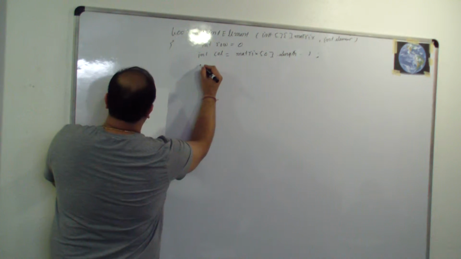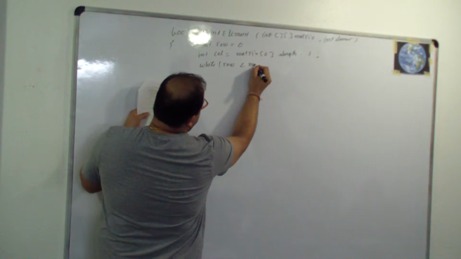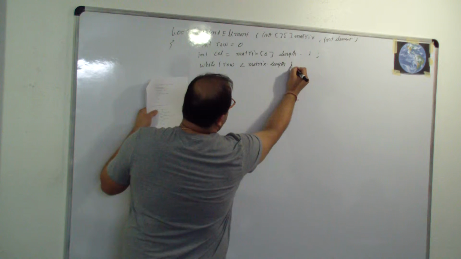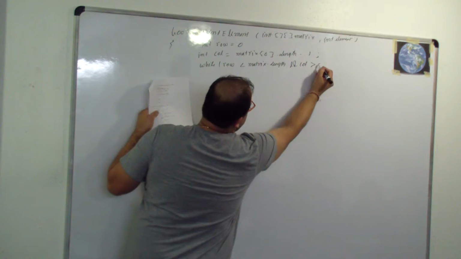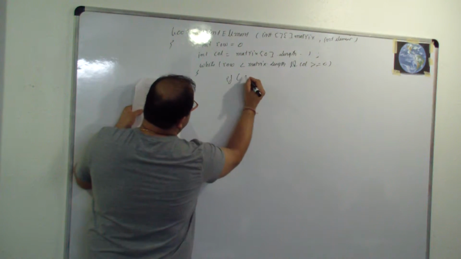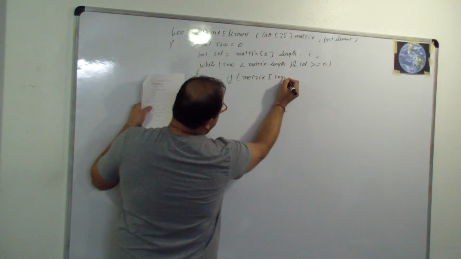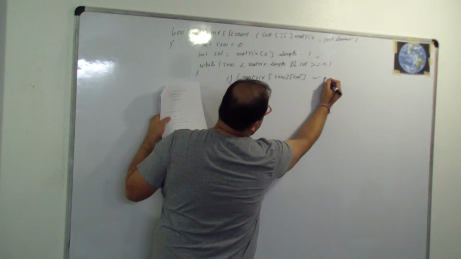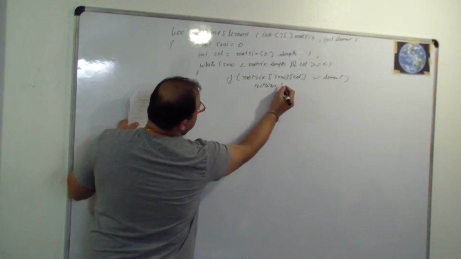Okay, and then while row is less than matrix dot length and column is greater than or equal to 0, we will check if matrix of row, column is equal to element, return true.